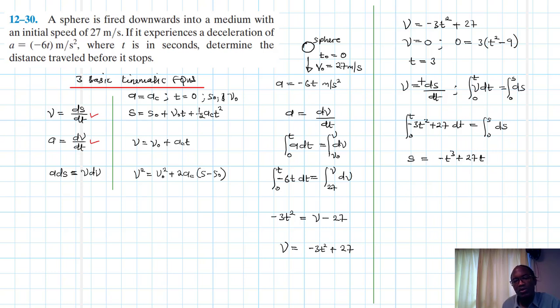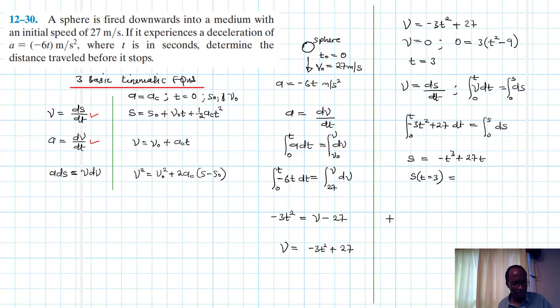We already found the value of t when v is equal to 0, and when v is equal to 0 it means our sphere has come to a stop. So what is s at t equal to 3?